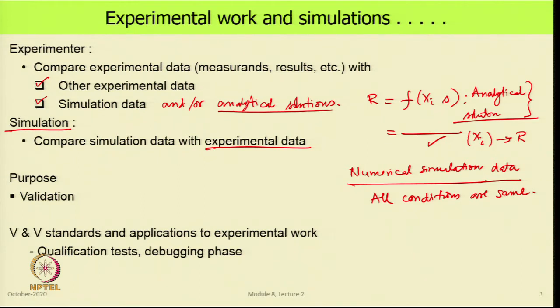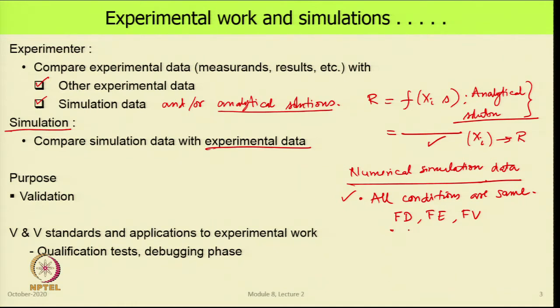That means, all the way the hardware was designed in the experimental setup, whether exactly the same thing has been taken up for replication in the numerical studies. When that is satisfied, then we can say that the output that we get from experiments and the output that we get from the numerical simulations are comparable. Now, numerical simulations could mean solving the governing equations, which are generally partial differential equations, by the finite difference scheme or the finite element scheme or the finite volume scheme.